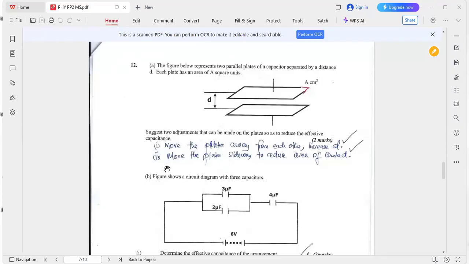Then another factor is area of overlap. But you don't mention area of overlap because the question is very specific. It requires you to change those factors to suit this context. So you displace the plates sideways so as to reduce the area of overlap, not contact.